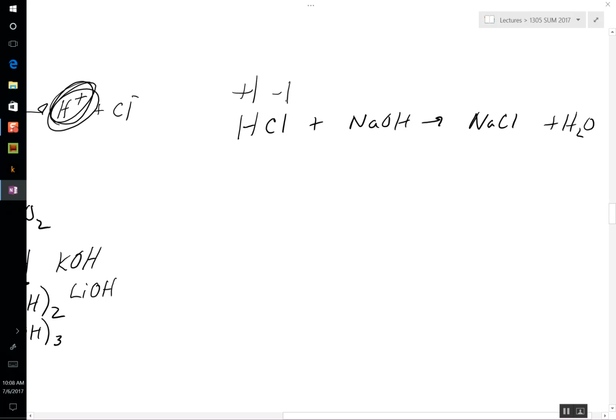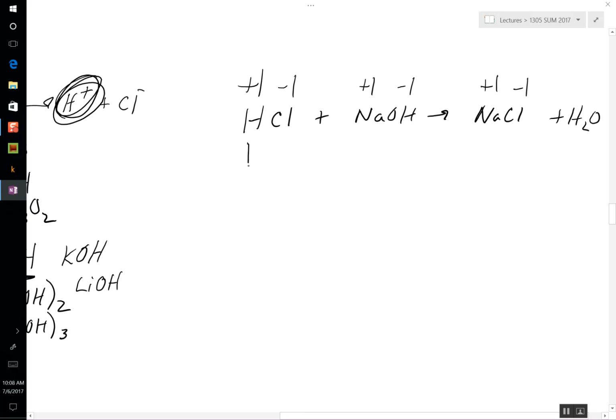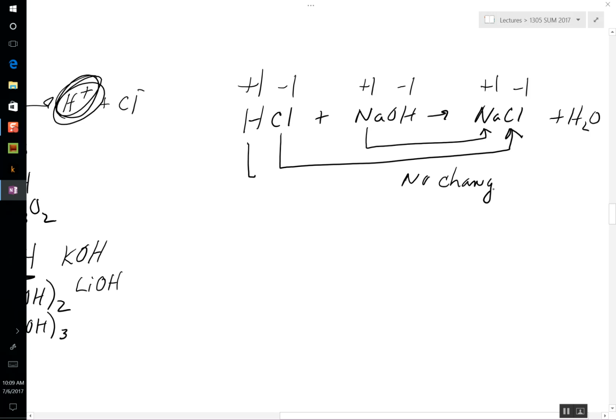This is a +1 and a -1. +1, the hydroxide is a -1. +1, the chloride's a -1. And in here, the hydrogens are +1s and the hydroxide's -1. In other words, this keeps its same charge. No change in charge.